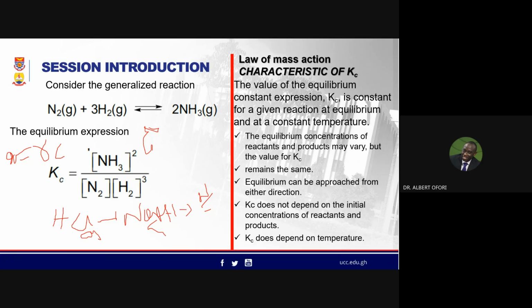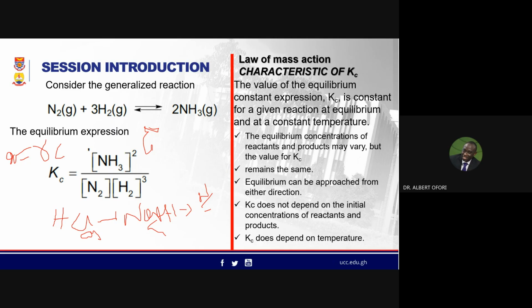Now, we should also note some characteristics of the equilibrium constant expression. Number one thing that we should note is that the equilibrium constant that we are going to be finding is actually a ratio of the product divided by the reactant, and that depends on the concentrations which we are going to be having. So we write the equilibrium constant expression for gases and aqueous substances, not for liquids, not for solids.